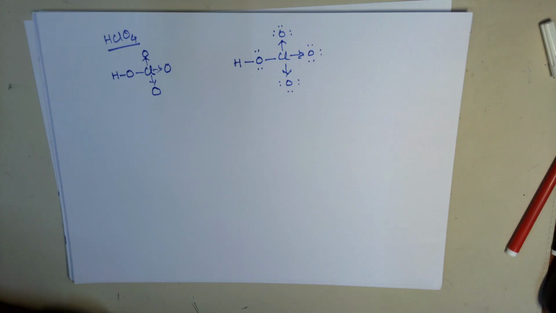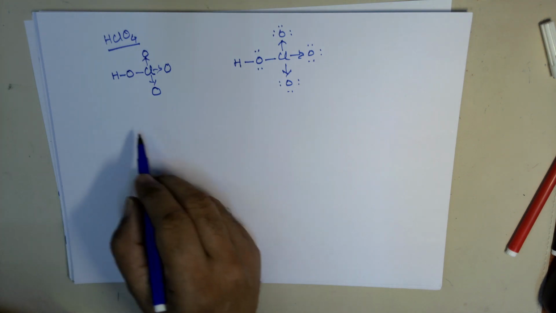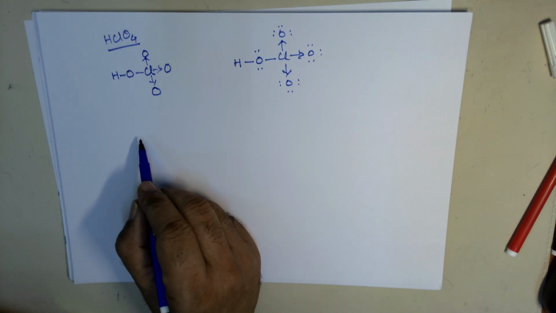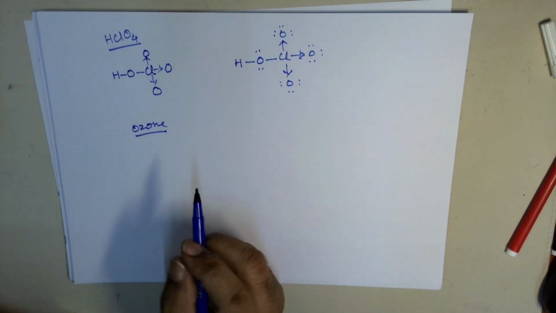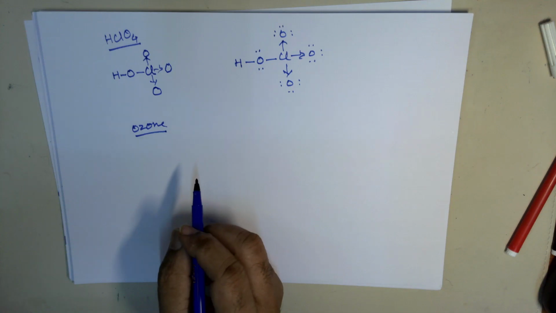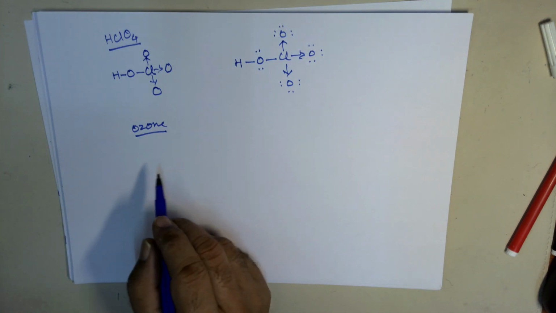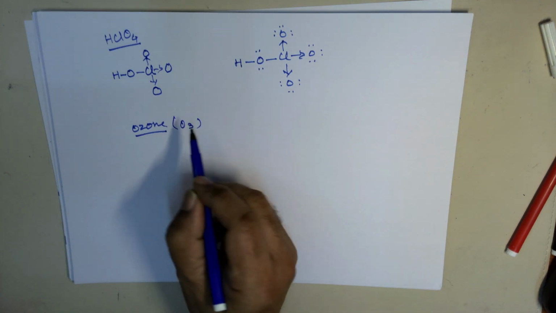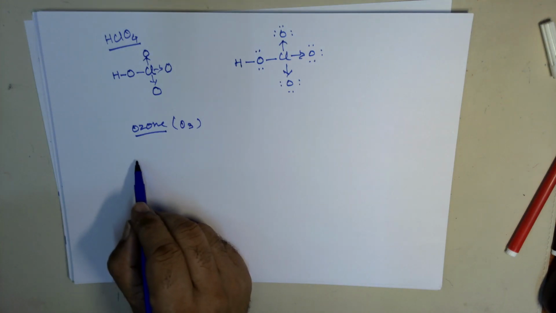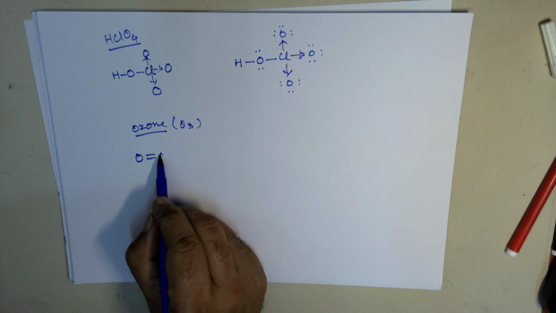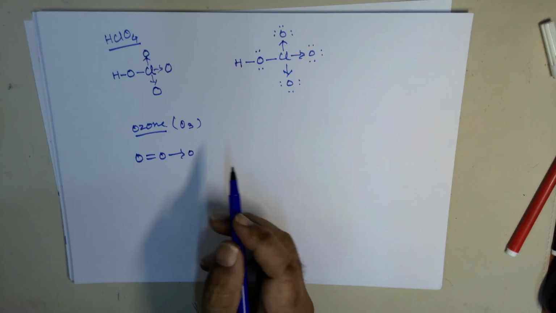Can you show me the formation of coordinate bond in ozone? Try. Ozone formula O3. Okay, I will give you a simple structural one. You have to draw the electron dot, so that will be easier.